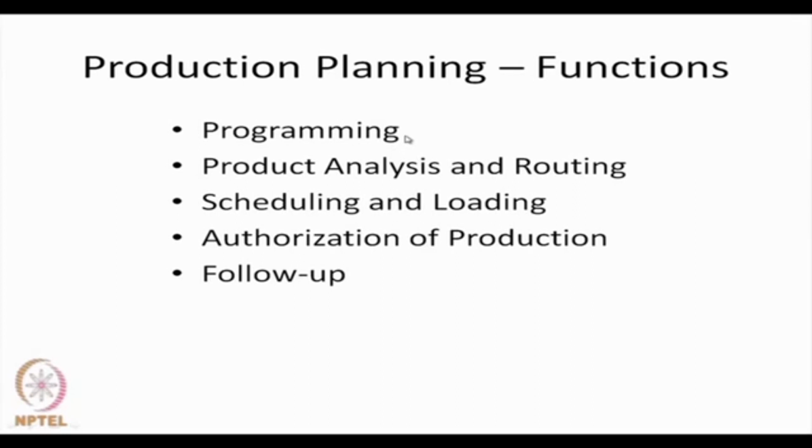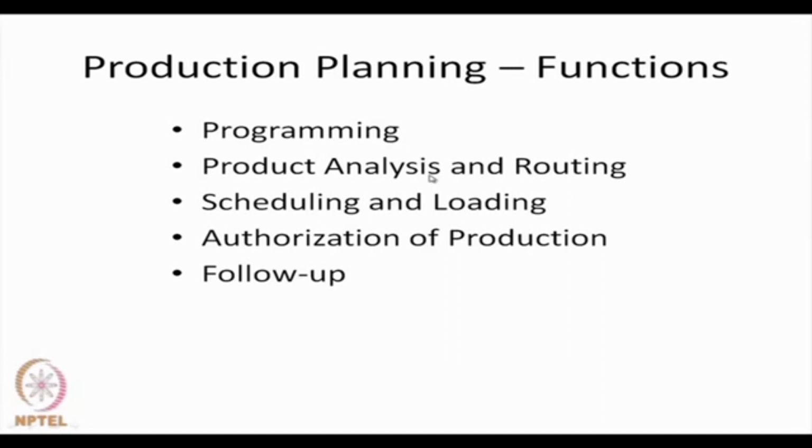We illustrated the example of aggregate production planning and product mix, and then we said that there can be various formulations of different problems, both static and dynamic models and deterministic and stochastic models. We did not discuss much on programming aspects.